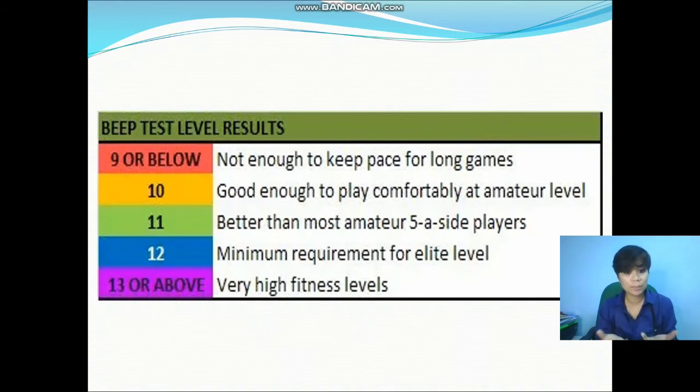If they are above 13, very high fitness level. If they reach level 12, that is the minimum requirement for elite level. So this criteria in the level of achievement should be considered in selecting a good test.